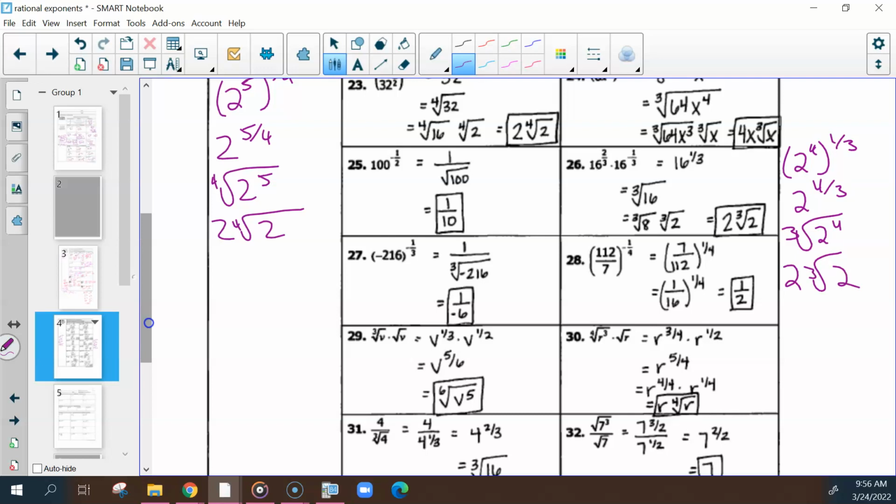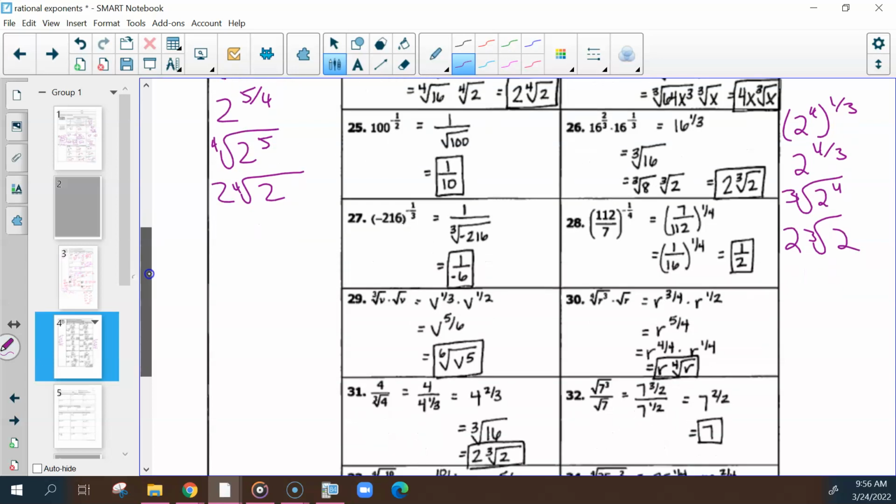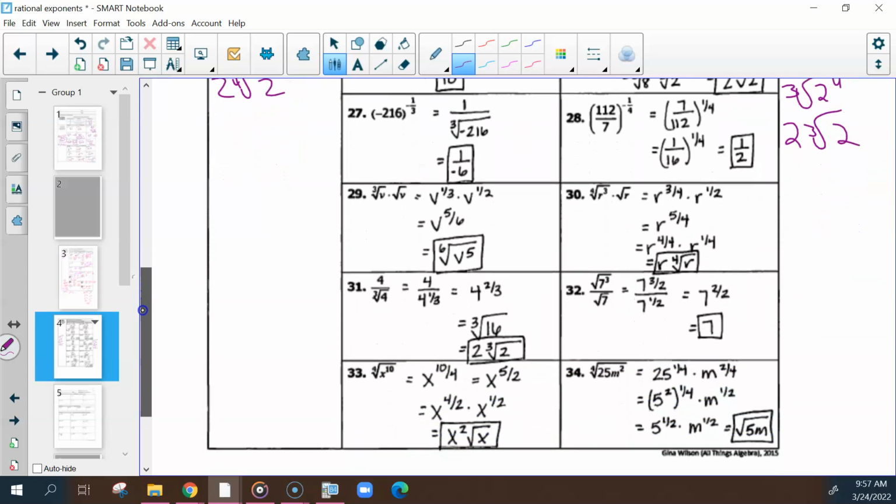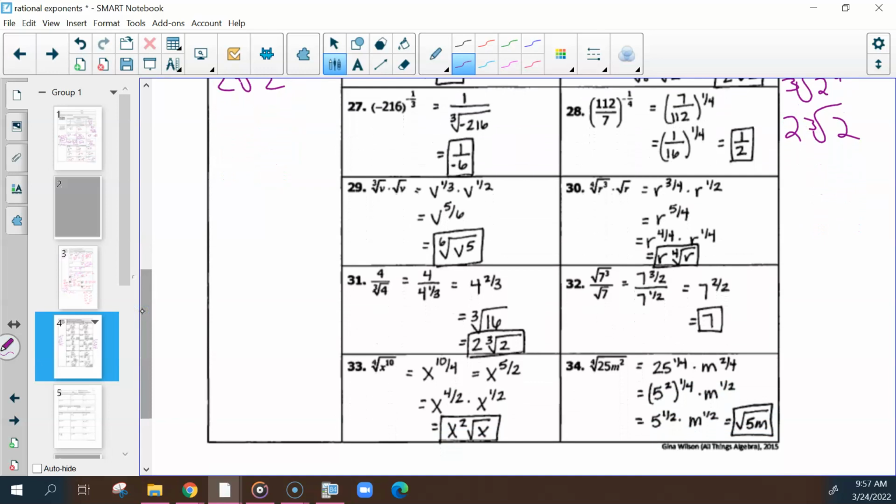Questions on 26? Okay. For 30, final answer was R squared, I'm sorry, no, just R times the 4th root of R.